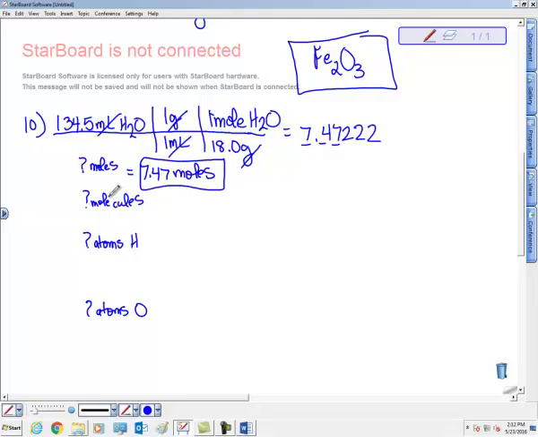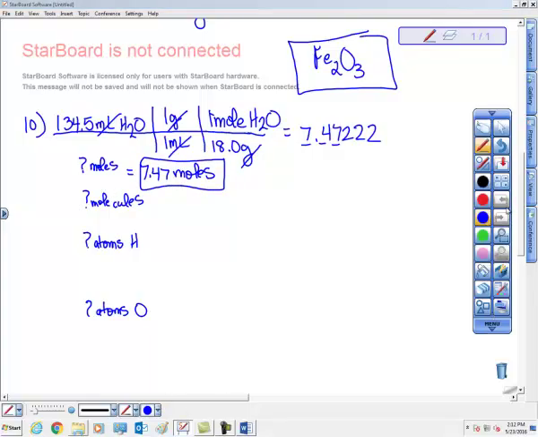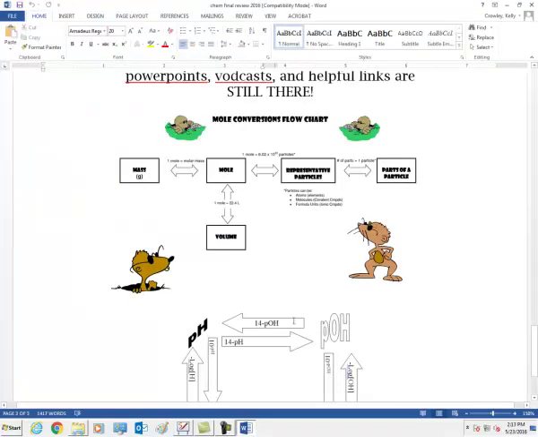Next question says, how many molecules? Alright, well what I'm going to do is I'm going to actually come back to my original problem that I set up, and instead of stopping here, I'm going to keep going. Alright, so I'm on moles of water. If you look back at this little guy, if you're on moles and you're trying to get to molecules, you see that conversion right over the top of this area?